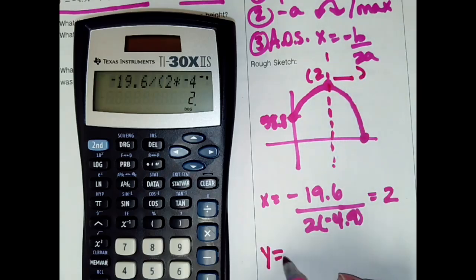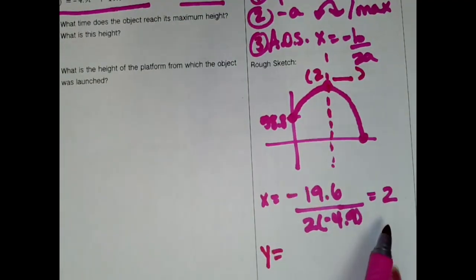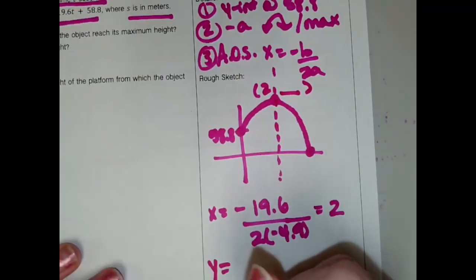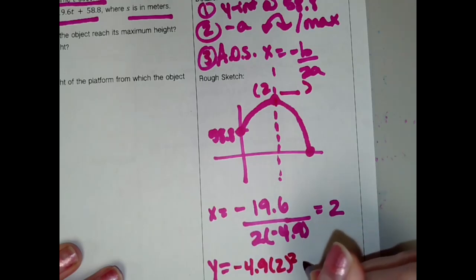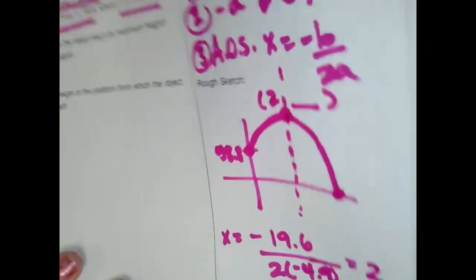Well, to find the y value, I should know that all I have to do is plug the x value back into the original equation that I have up here. So I'll do that in this space. That gives me negative 4.9 times 2 squared plus 19.6 times 2 plus 58.8. Let me switch that up for you.